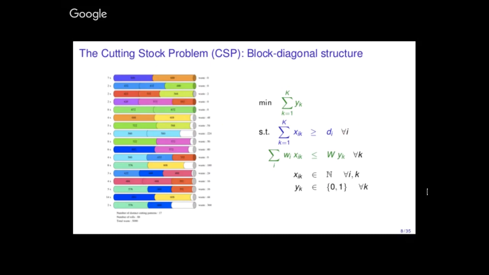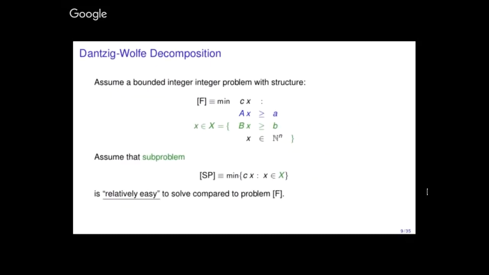So you have to cut these big pieces into small pieces in order to satisfy these demands. Here are the linking constraints, which basically say that among all the cutting patterns that you define, you must cover the demand. And these are your subproblem constraints, which basically just say that every cutting pattern that you define must satisfy the knapsack constraint on the width of your stock material.